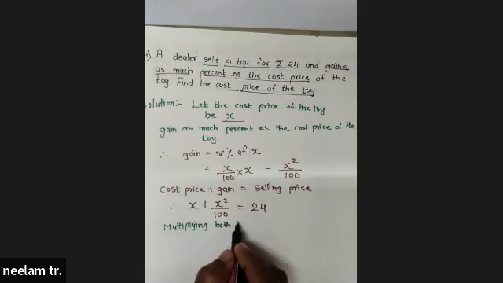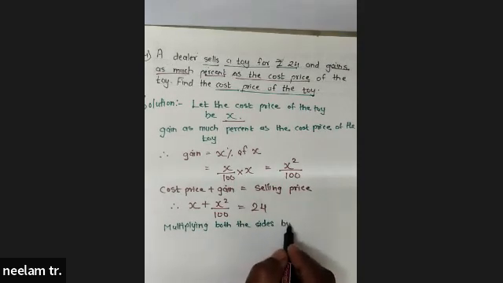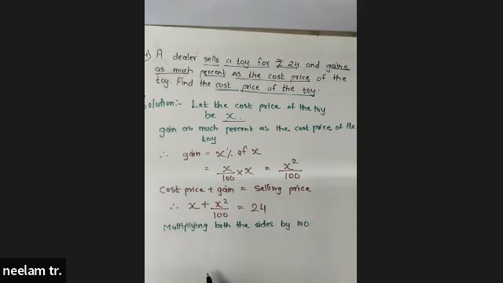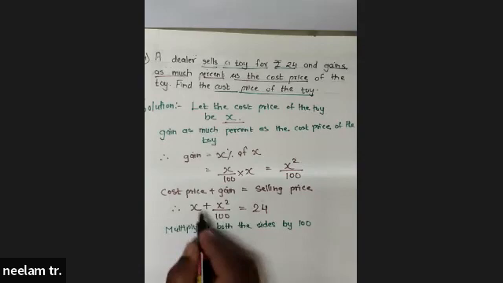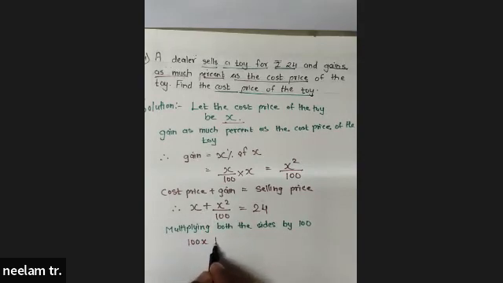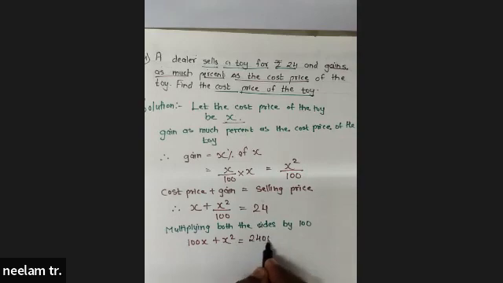Multiplying both the sides by 100, what will you get? 100x plus x square is equal to, you will multiply this 100 also here, 2400.